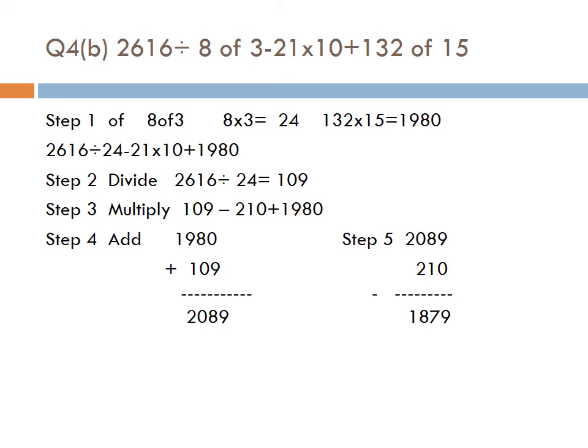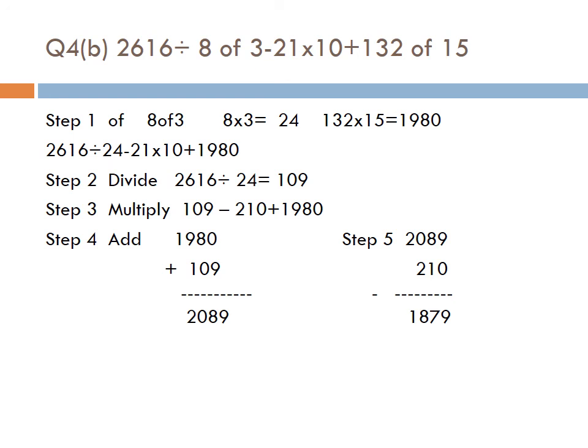Now, again write down the question. 2616 divided by 24 minus 21 multiplied by 10 plus 1980. Step 2, you have to divide. When you divide 2616 with 24, you will get the answer 109. Then write down 109 minus 210 plus 1980.